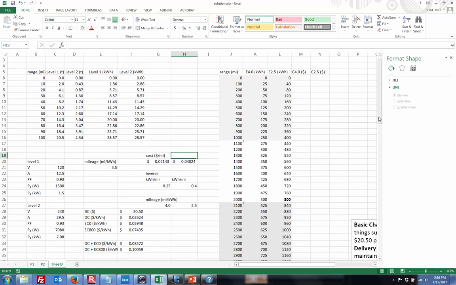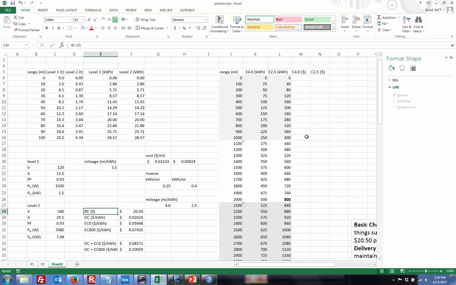Okay, so there's dollars per mile. Now I think we're in a position to look at the cost per mile. So on this first one, let's just keep the basic charge out of it for now.